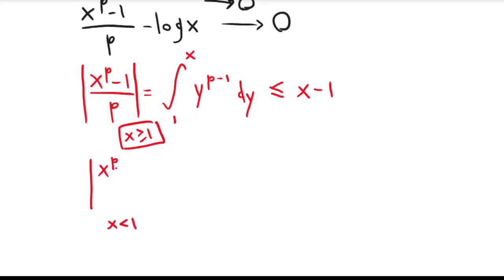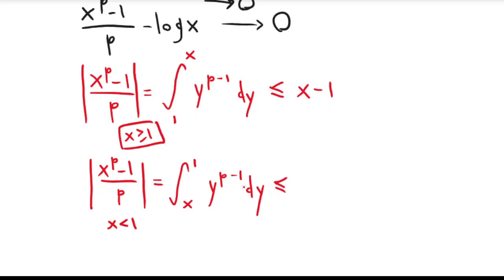And so then the other case would be if x is less than 1. What can you say about this expression right here? Well, now this is the integral from x to 1 of the same thing. But now, if you think about this for a while, you can bound this above by the integral from x to 1 of y to the negative 1, right?